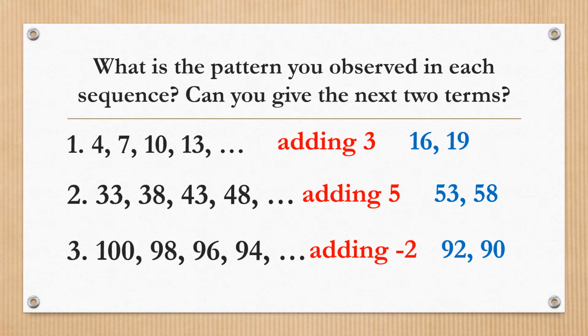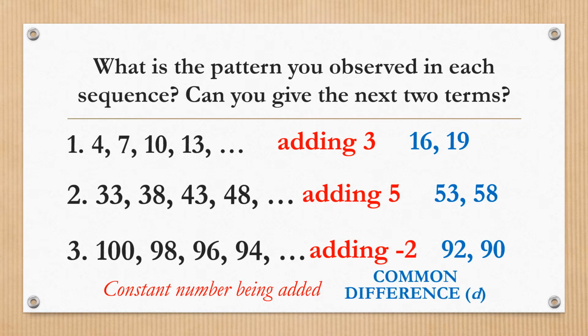So notice that a constant or a common number is added to the preceding term, or the number before it, to get the next term in each of the sequences. The constant number being added is called the common difference, and it is represented by a small letter d.